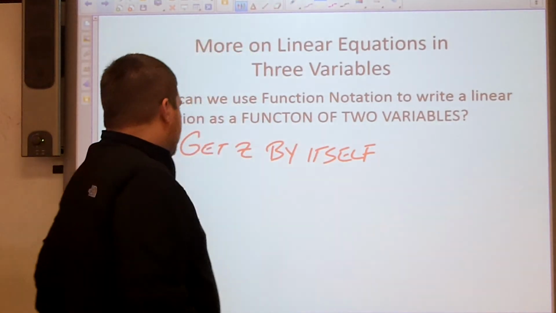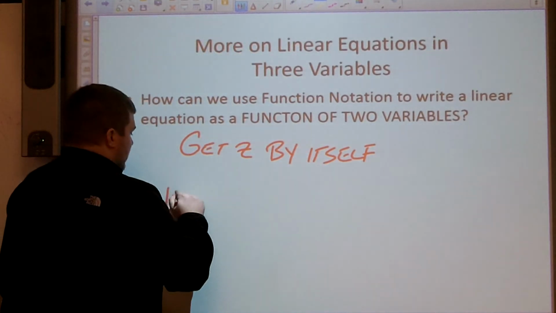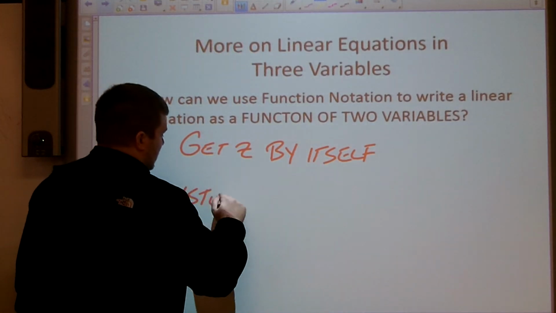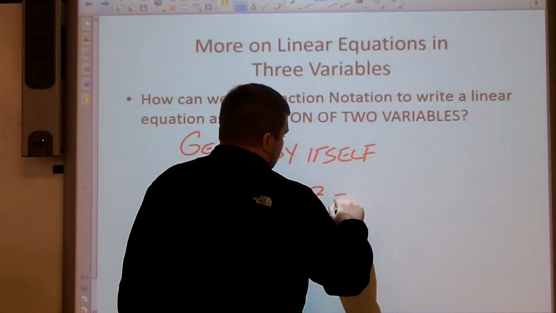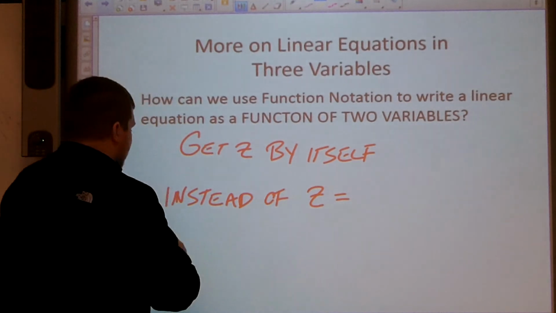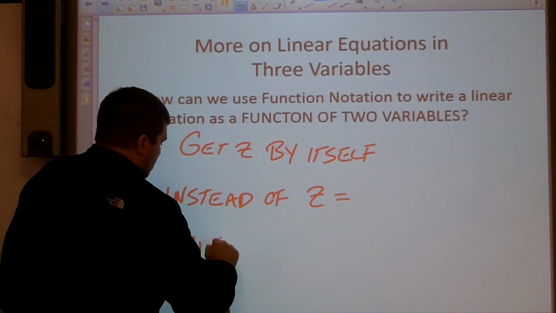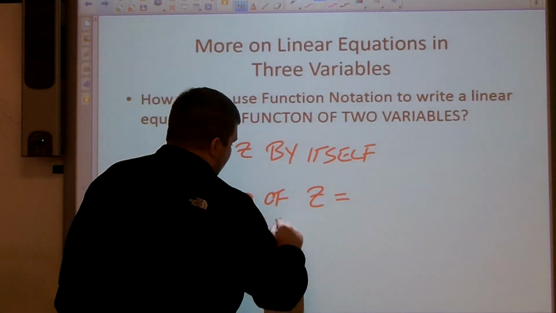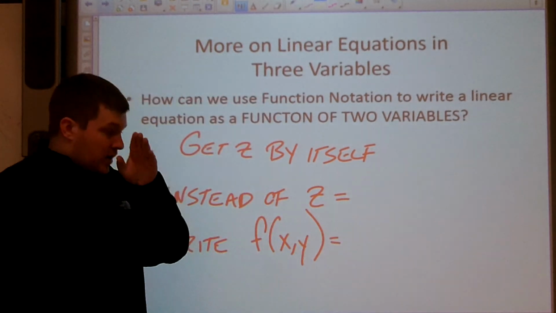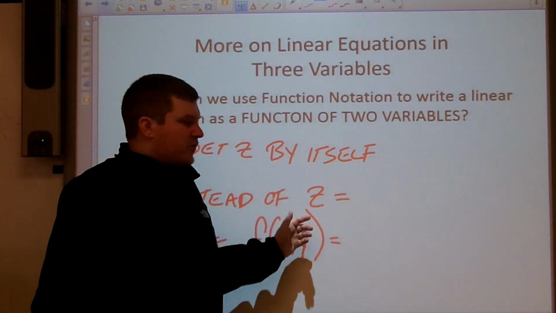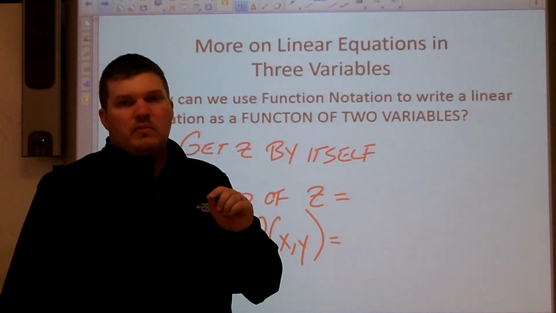Well, now instead of z equals, we're going to write f of x comma y equals, because it's going to be a function determined by both x and y.